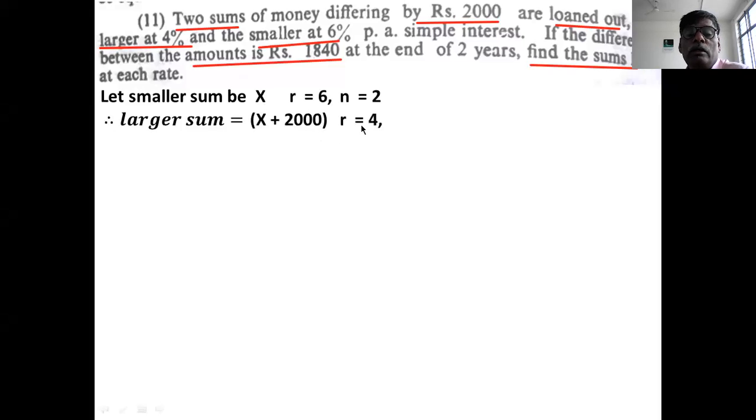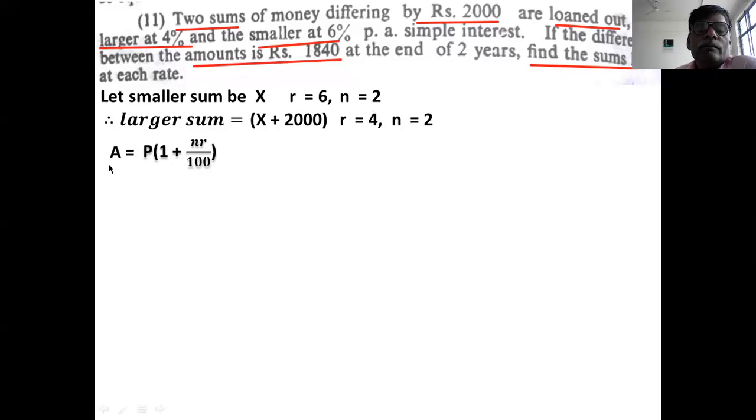Then for the larger sum, the rate of interest is 4% and n is 2 years. Now I calculate the amount on the smaller sum first, then the amount on the larger sum. A is equal to P times the bracket 1 plus nR divided by 100.